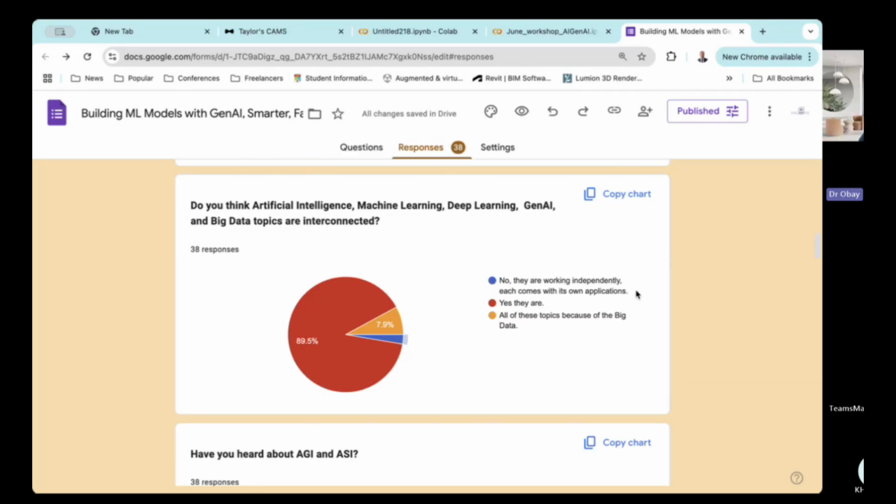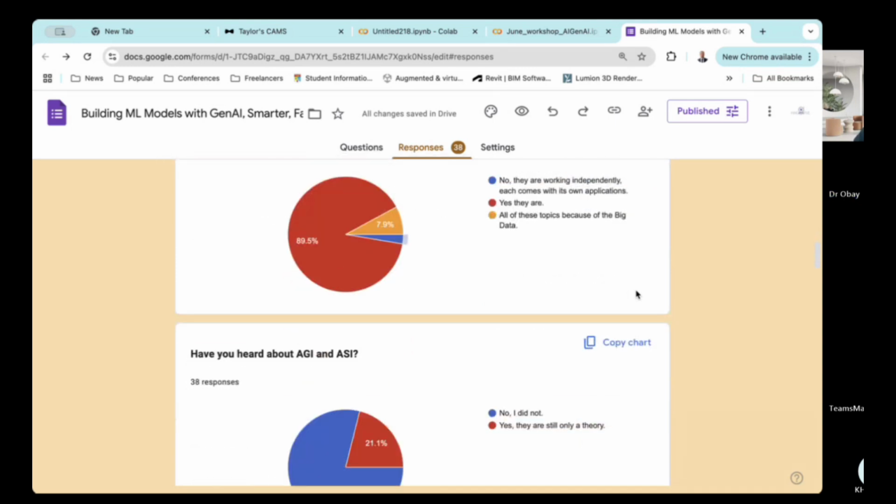Should I use artificial intelligence, machine learning, deep learning, or jump to generative AI? To have a very clear image of this interconnection and those technologies, we are going to understand them soon.